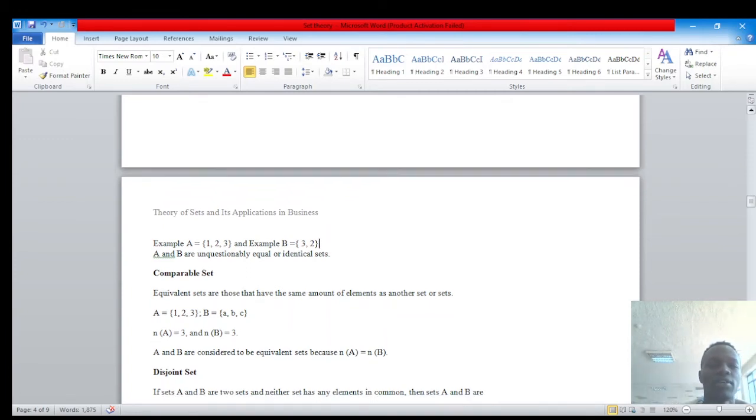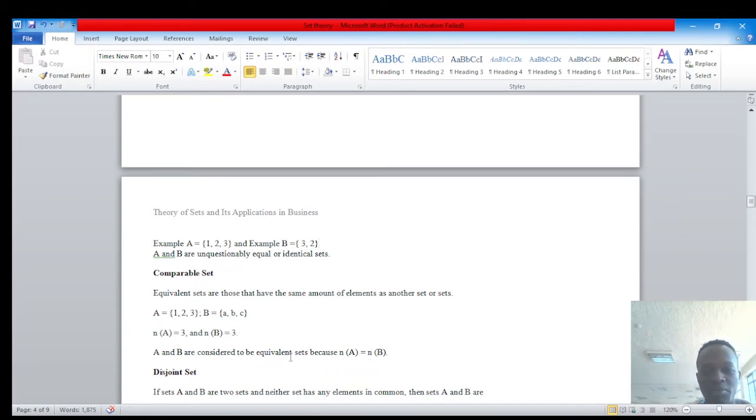Comparable sets, or equivalent sets, are those that have the same number of elements as another set or sets. For example, A is 1, 2, 3, and B is A, B, C. The number of elements in set A is equal to 3. The number of elements in set B equals 3.